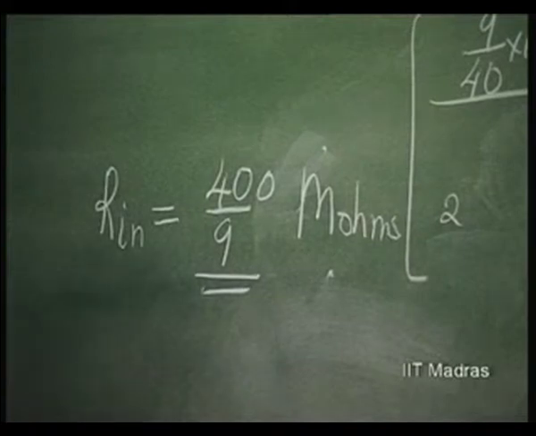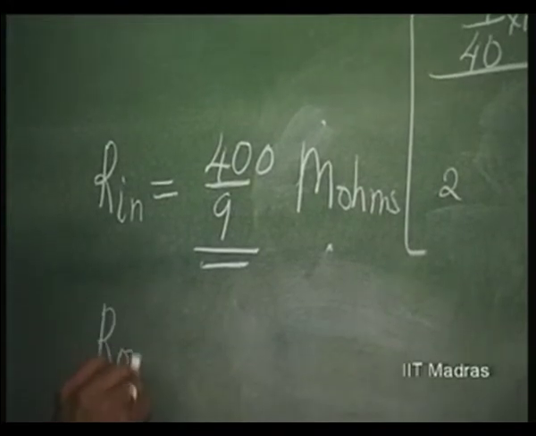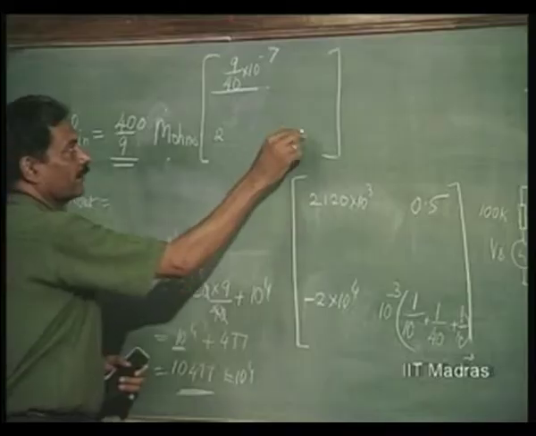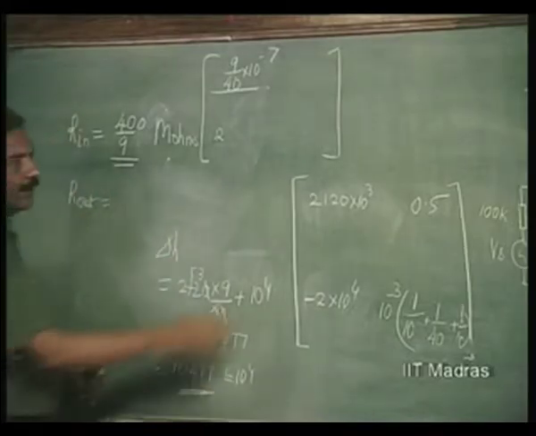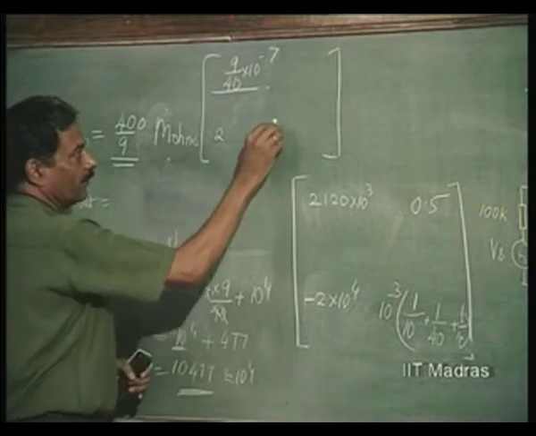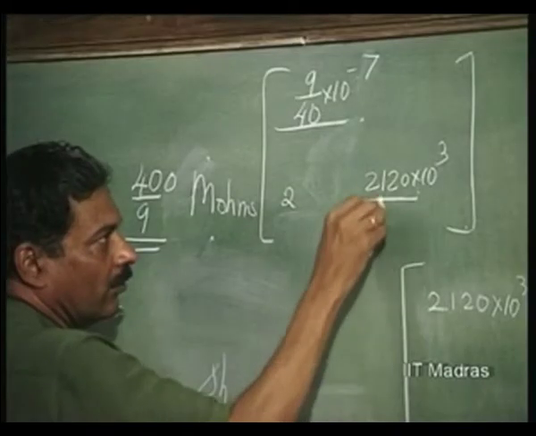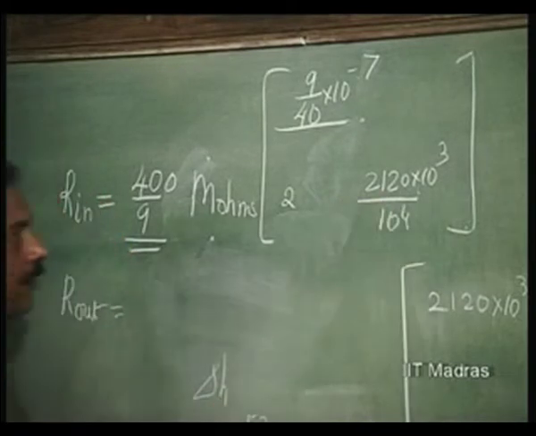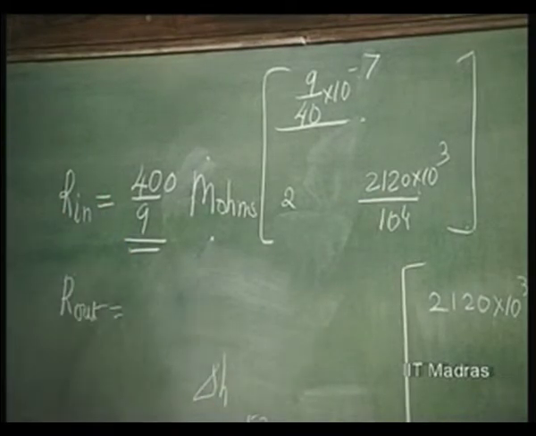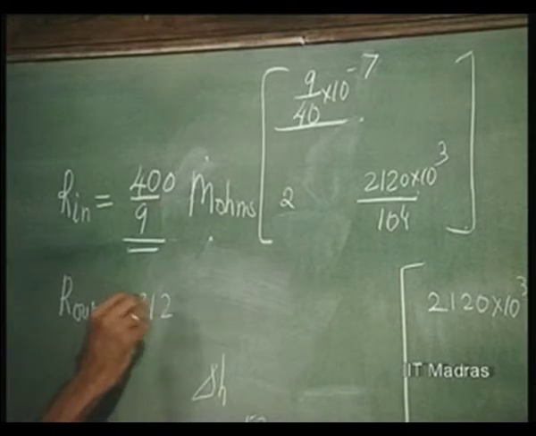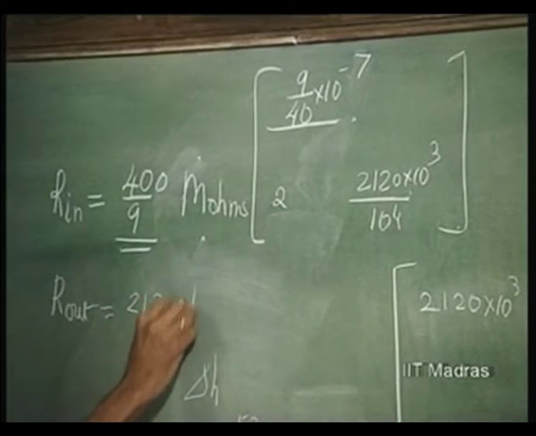Next, let us see what is the output impedance. That is going to be given by G naught, which is this divided by 10 to the power 4. Which is going to be 212 ohms.